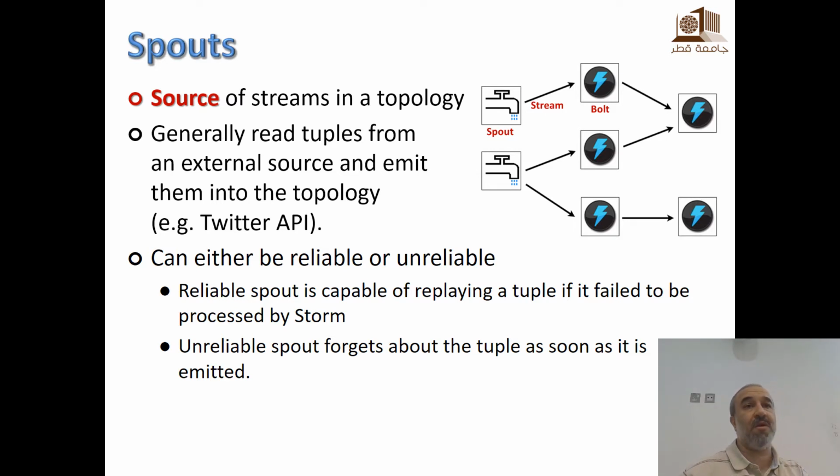That's what we mean by reliable. Unreliable means that once the source emitted the tuple in the stream, then it's gone. You cannot replay it. So there are two types of spouts here, and they depend, of course, on the original source.